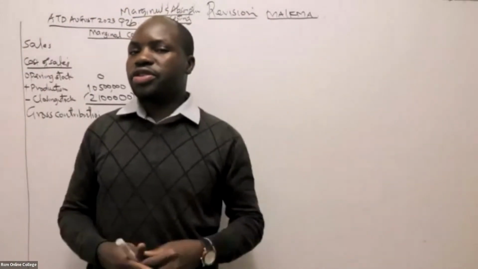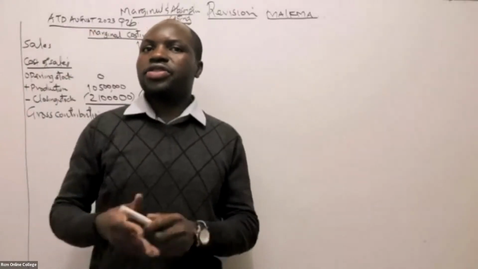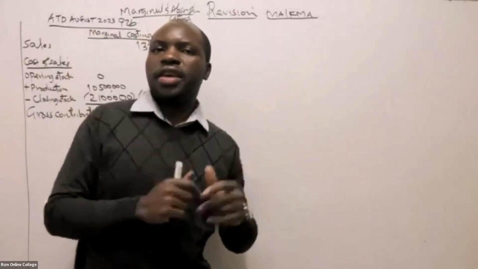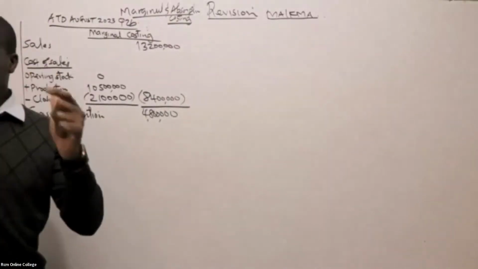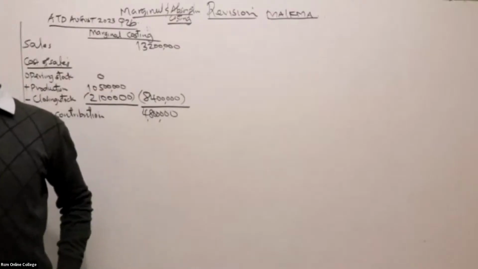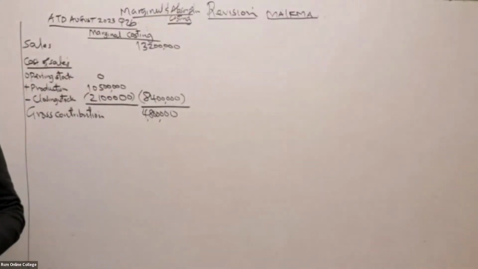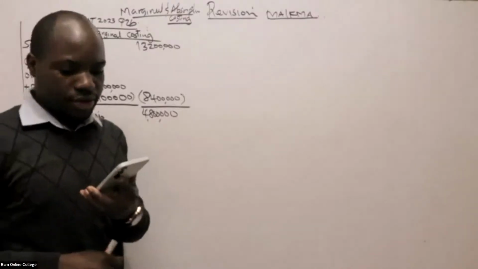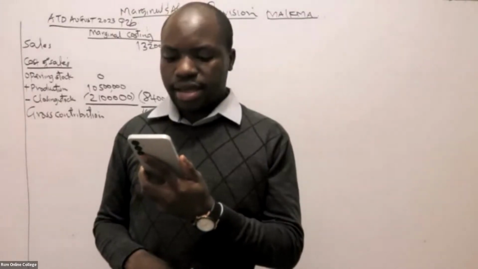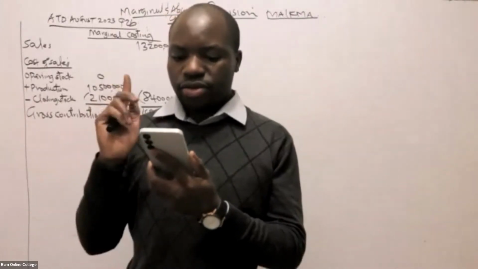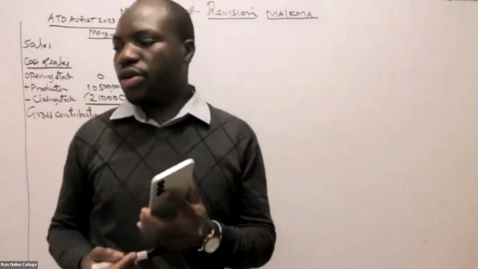Variable sales and distribution, variable admin expenses. So those variable non-production costs have to be deducted from the gross contribution to give us what we call net contribution. So do we have anything in the name of variable non-production expenses? Yes, so under sales and admin costs, the first thing you are able to see there is variable sales commission.